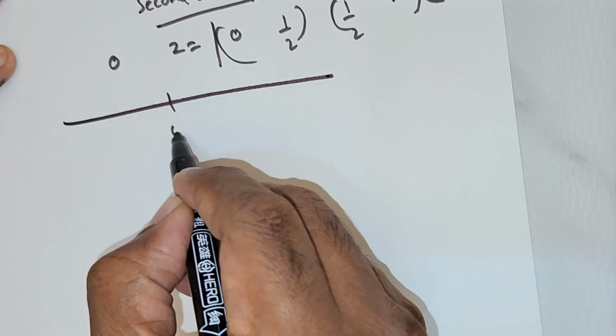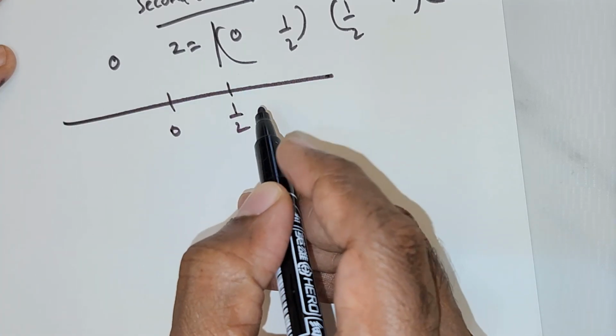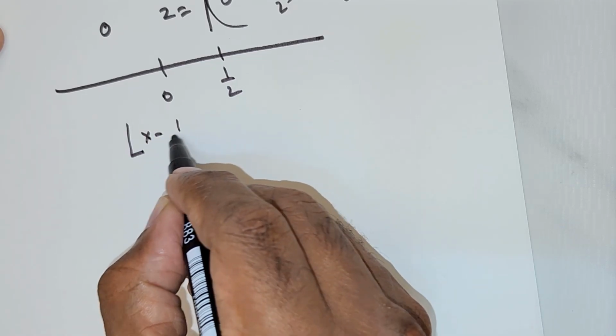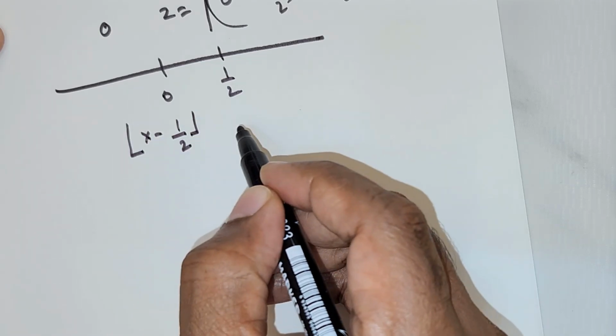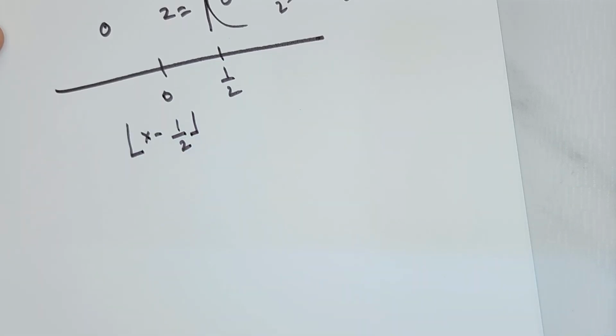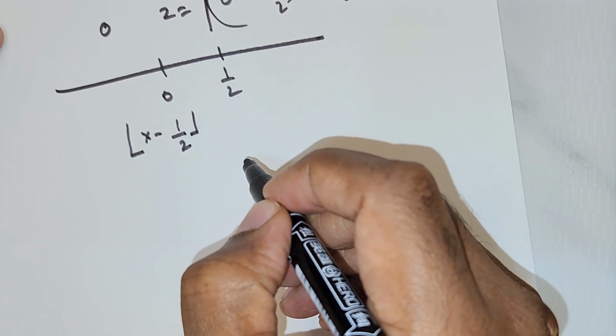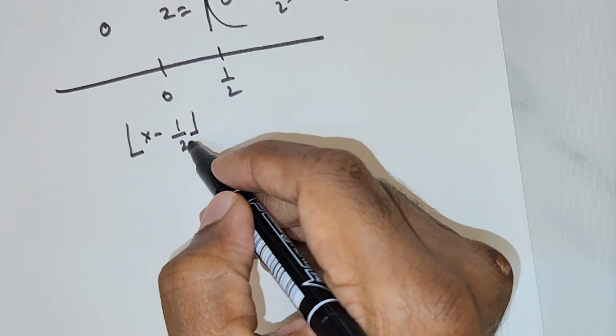So the all important point comes here between 0 and 1 over 2. Let me draw the line 0 and 1 over 2. I want to find out what x minus 1 over 2 would be with the floor being applied there. Clearly if I take x equal to 0, I get negative 1 over 2.